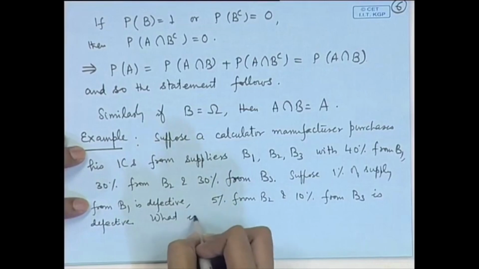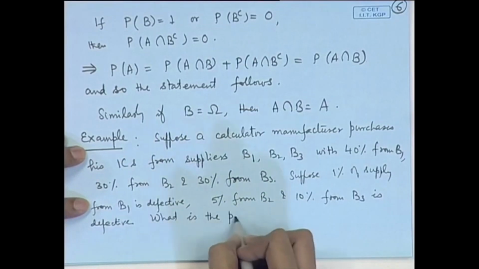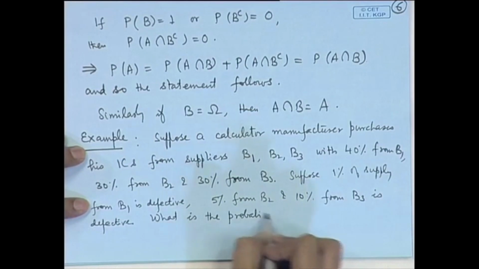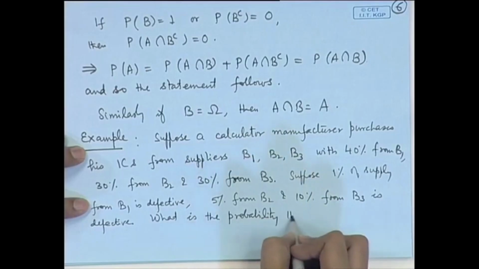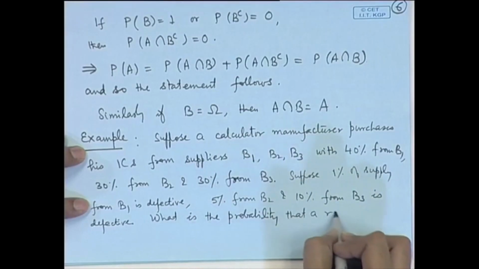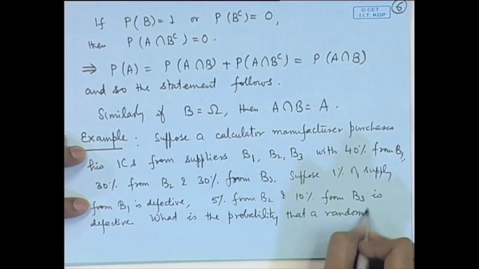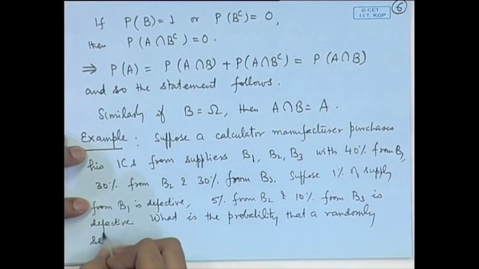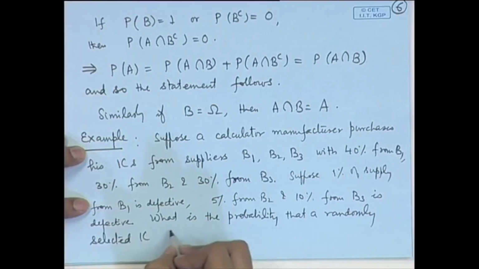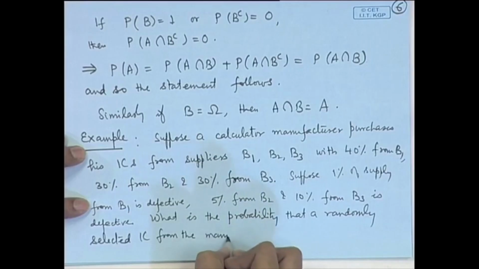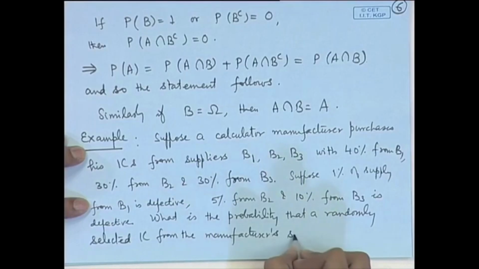What is the probability that a randomly selected IC from the manufacturer, say stock, is defective?